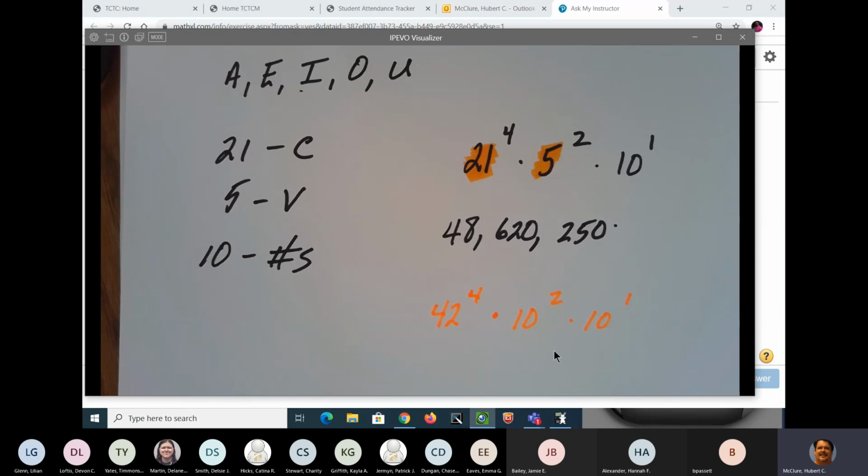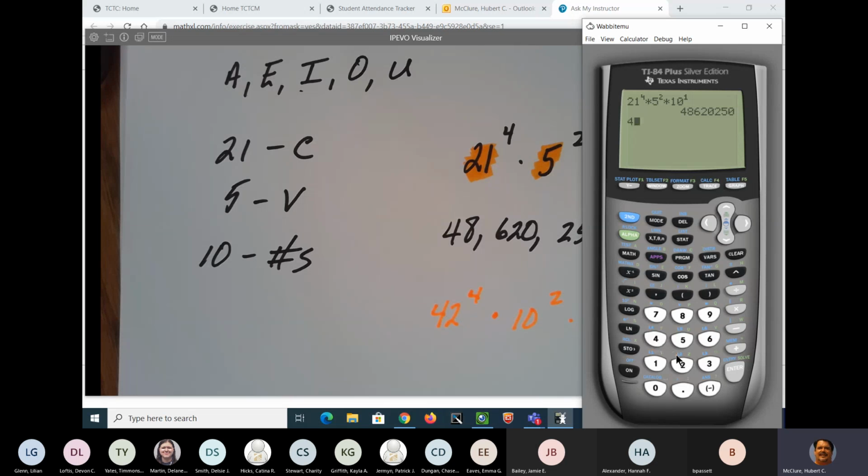So take your handy dandy calculator. 42 to the 4th power times, technically you can do 10 to the 3rd power, but I'm going to do 10 to the 2nd power times 10 to the 1st power.